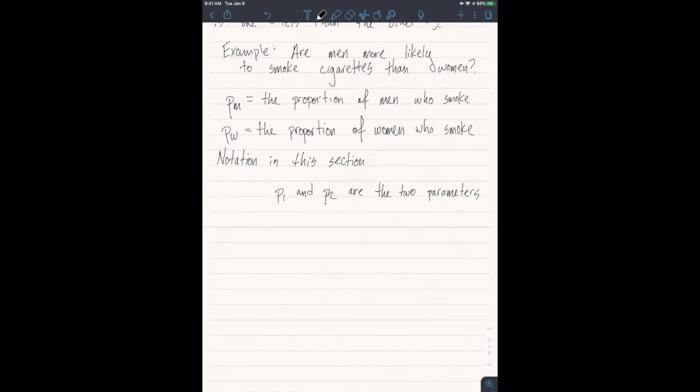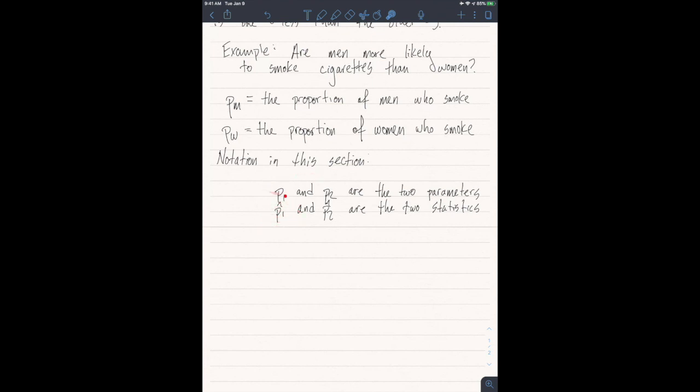So what do we always resort to? We resort to statistics, right? So we'll have a P1 hat and P2 hat are the what? Two statistics, right? Two statistics. You're going to have to go out there and get a sample on your own, right? If there could be a claim, the true proportion of men that smoke is, I don't know, 12%, but then your sample that you go out and get as evidence, it might result in 12% or something, right?